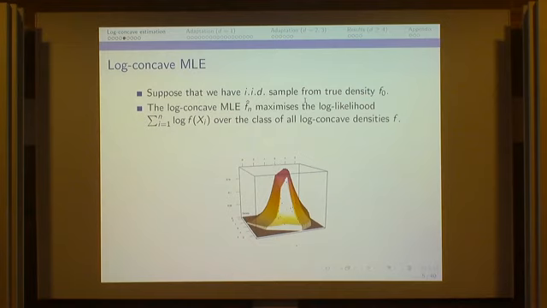For this talk, we suppose that we have an IID sample from the true density f0. And then we consider our estimator, which is the log-concave MLE. This estimator f_n hat maximizes the log likelihood function over the class of all log-concave densities.